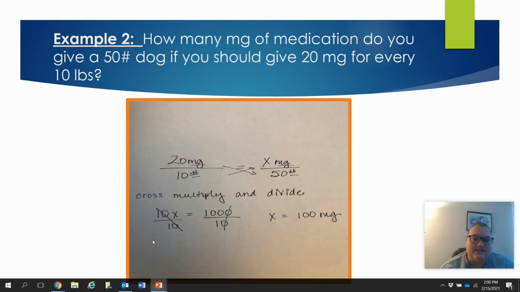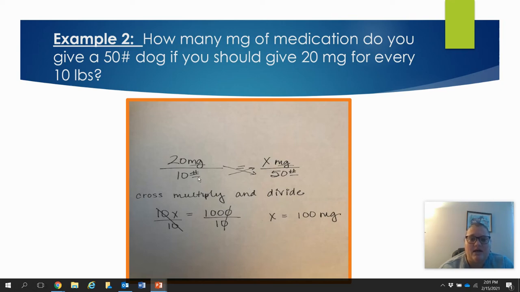You can see how I set it up here. I have my 20 milligrams given for every 10 pounds of a dog, and then they want to know how many milligrams, so I have an X next to my milligrams for 50 pounds of a dog. So I have milligrams, pounds, pounds. Now all I need to do is cross multiply and divide.